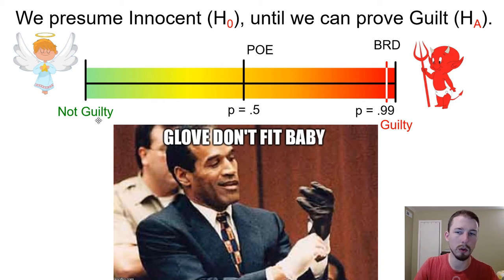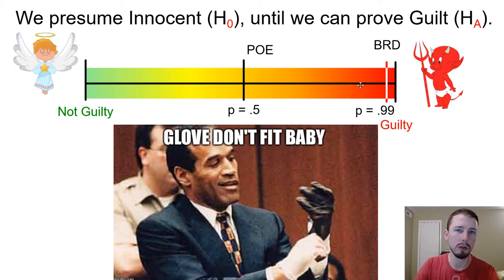The difference between civil court and criminal court is that civil court is just talking about money, and the burden of proof is a preponderance of evidence. On a scale from not guilty, pure as the driven snow, to completely guilty, like this devil over here, if it's more than a 50% chance, meaning it's more likely that you did it than you didn't, then we would find you guilty in a civil court and you'd be fiscally liable for the damages or whatever they're suing you for.